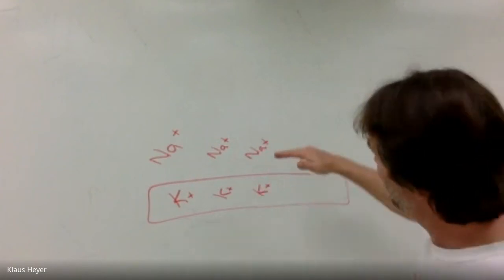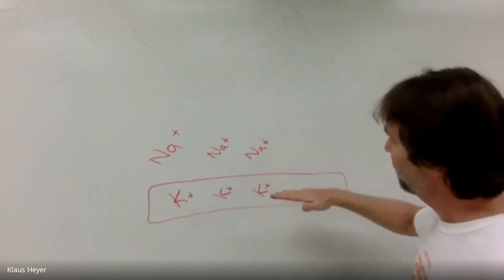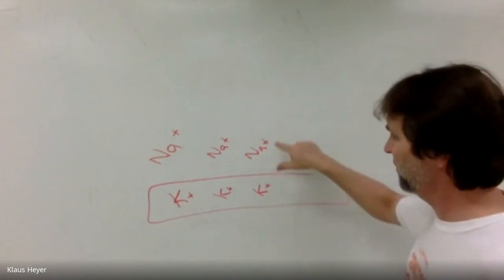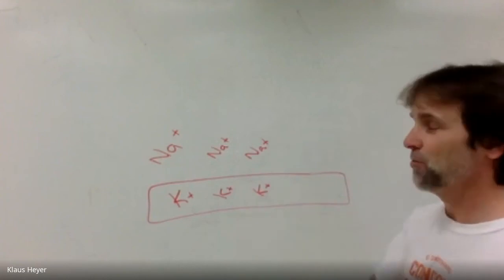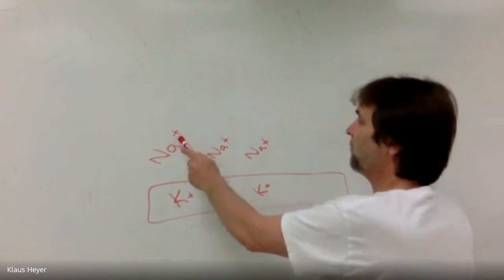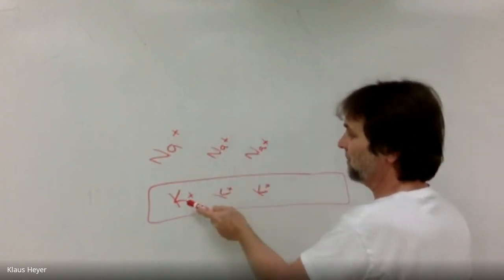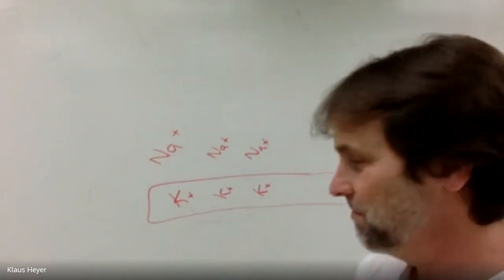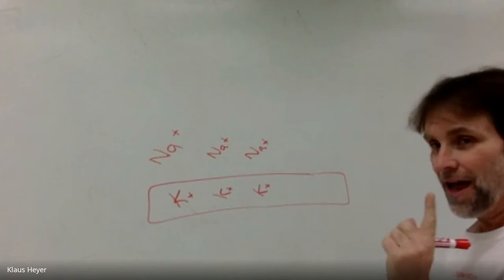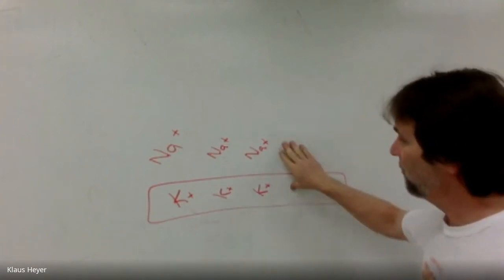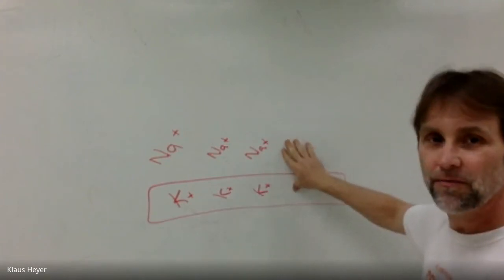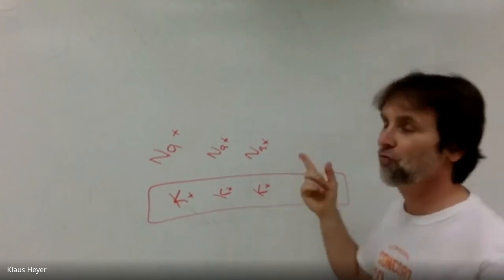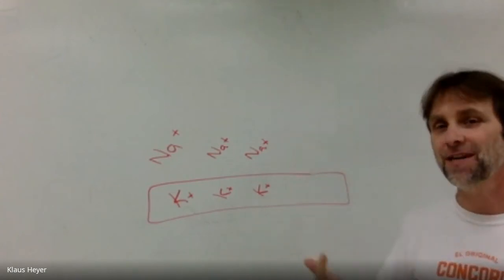There's an equal number of positively charged on the inside and an equal number on the outside, right? So I just put 3. There's 3 positive sodiums on the outside, and 3 positive potassiums on the inside. I just used 3 for simplicity. We can call this polarized. What we're going to do is throw it off balance. We're going to depolarize it.